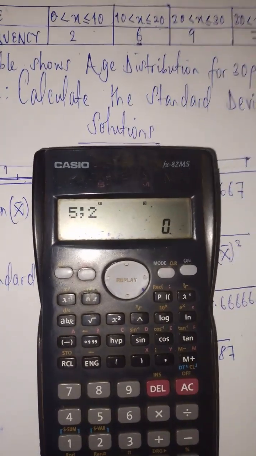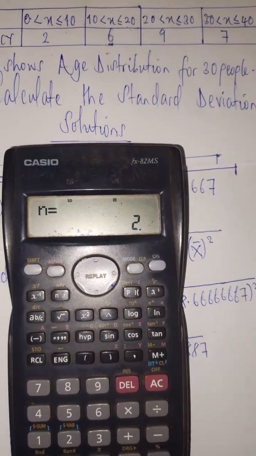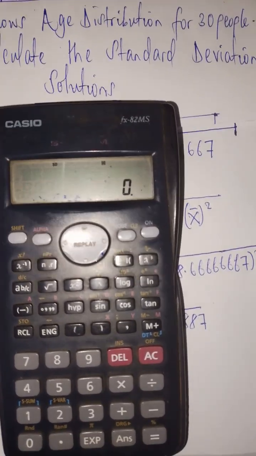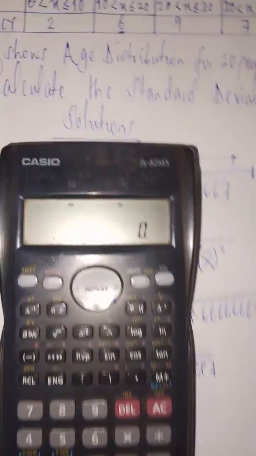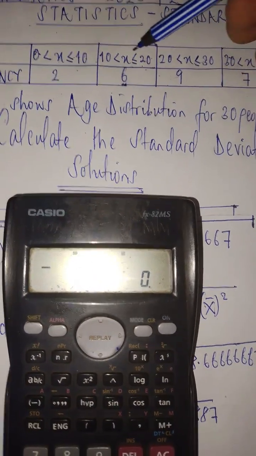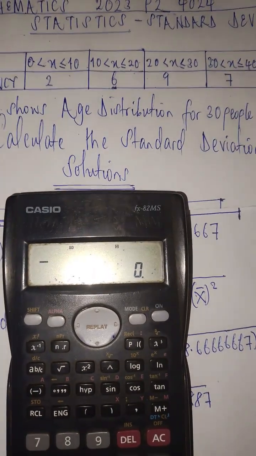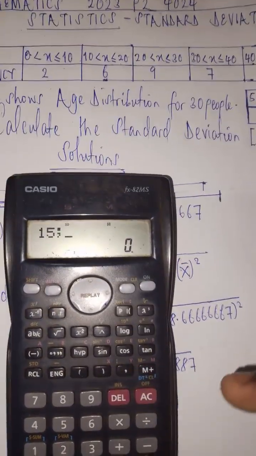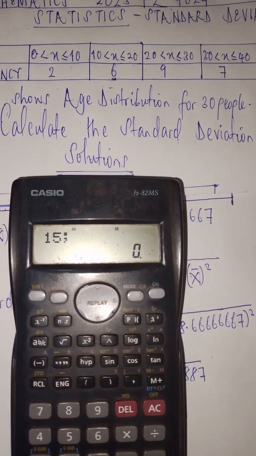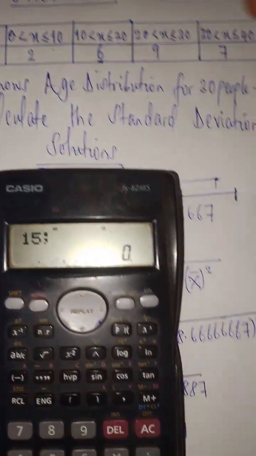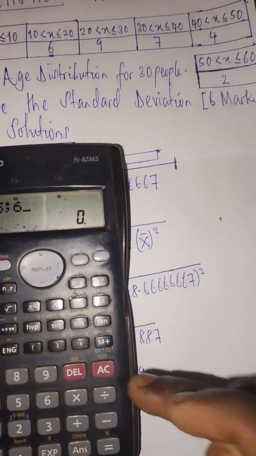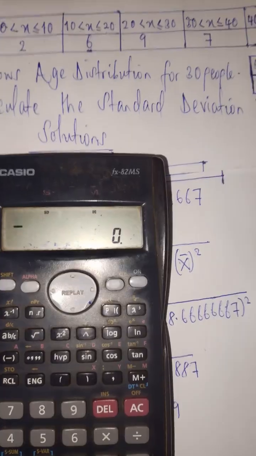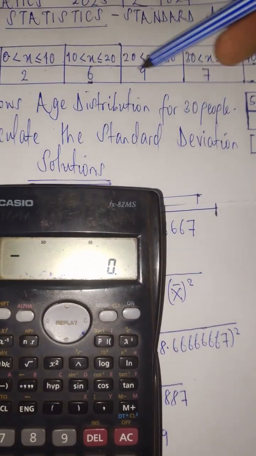So I'll say 2, then I'll press M plus, then on. So I'll repeat this process for all the values. So the midpoint here was 15, the same procedure, semicolon, the frequency is 6, as we can see, M plus, on.